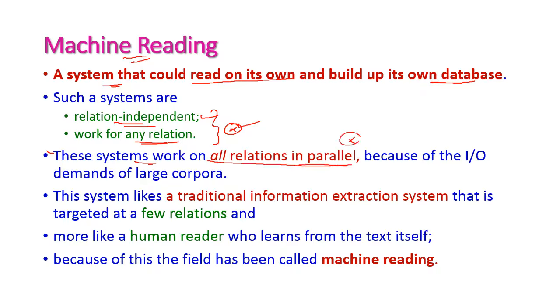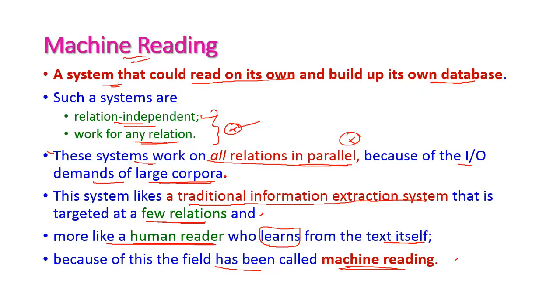This is important because of the IO demand of very large corpora, unlike traditional information extraction systems that target a few relations. It is more like a human reader. How do we read? By reading the text we can learn something, isn't it? Likewise, the system also reads and can understand something from the text, hence this field is called machine reading.